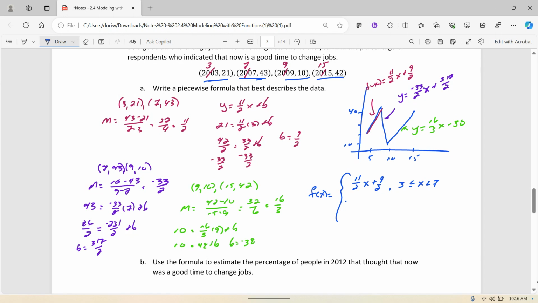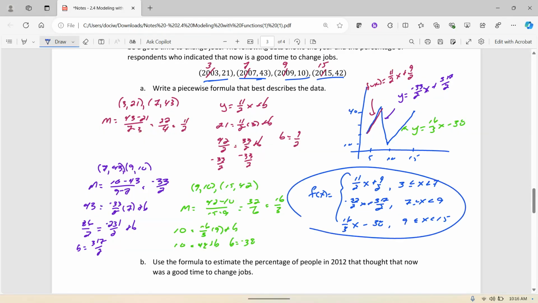We're going to use the negative 33 halves x plus 317 halves when x is between 7 and 9. We're going to use 16 thirds x minus 38 when x is between 9 and 15, because this function has three different pieces, and that's called a piecewise function.